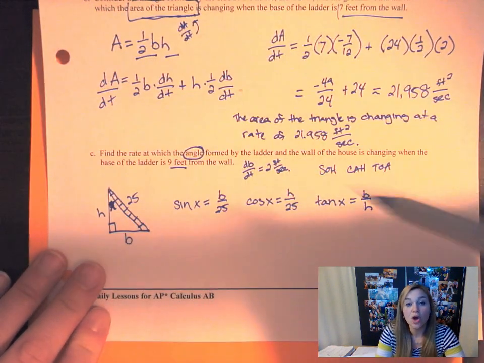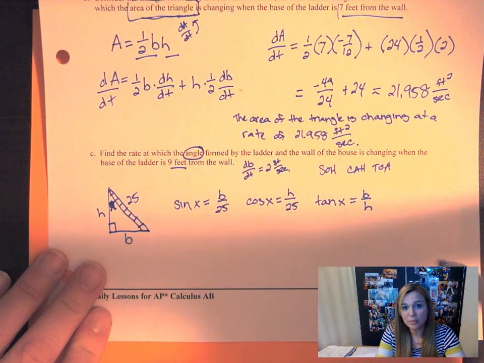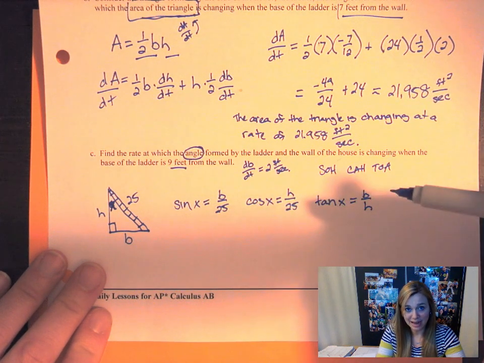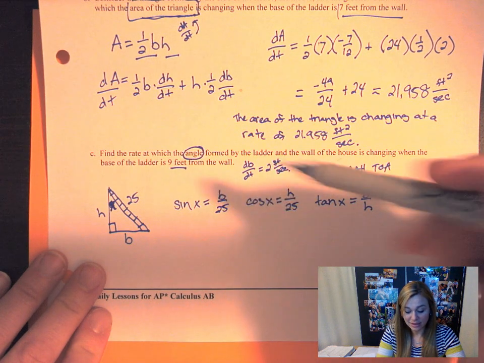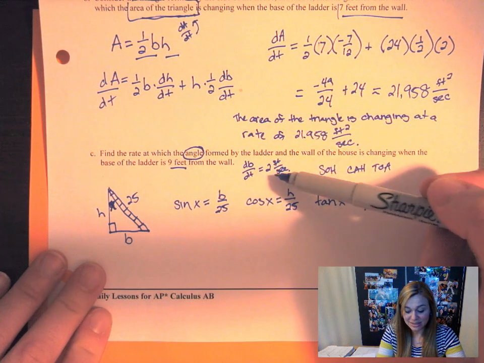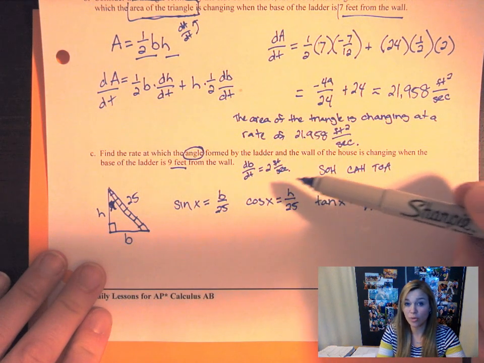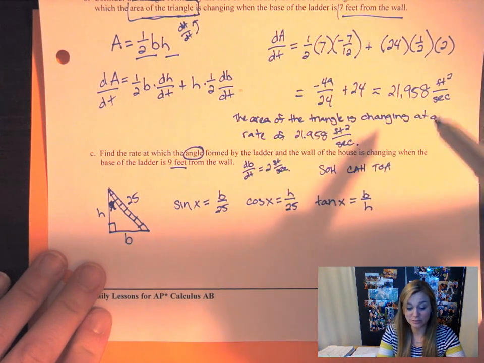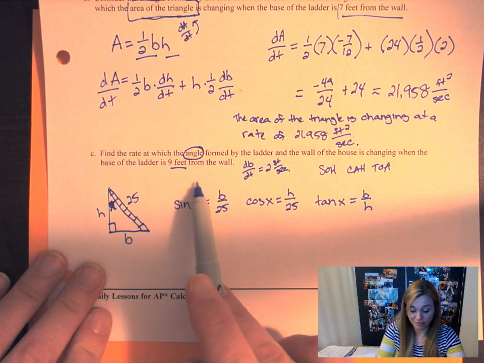Okay, all three of these could be correct, but I'm going to tell you 2 are much harder than the other one. The only piece of information that I have is that the constant was 25, which I already put in, and that dB/dt is 2 feet per second. I don't know anything else because I can't use anything from parts A or B, since this is 9 feet from the wall.